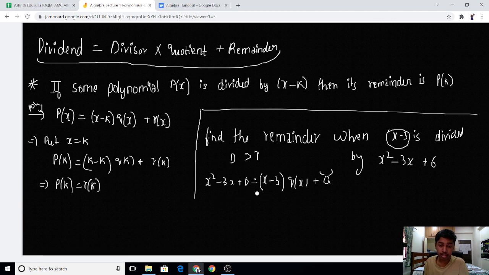As you can see here, this part can only become 0 when x equals 3. So the LHS becomes 9 minus 3 into 3 plus 6, 9 minus 9 plus 6. So the LHS becomes 6 equals 0 plus a, and the remainder is a equals 6.